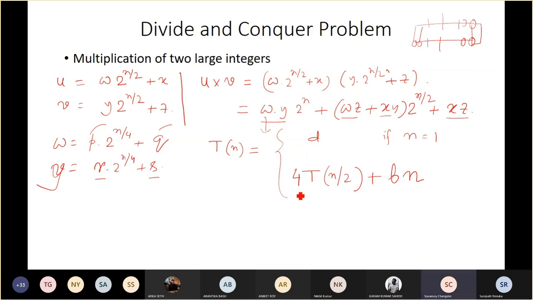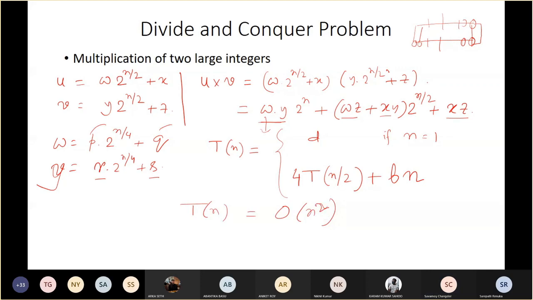So first we require 4 multiplications containing n by 2 digits, and to combine we require n operations, therefore b times n. So if we solve this by master theorem, we get the time complexity is order of n square.